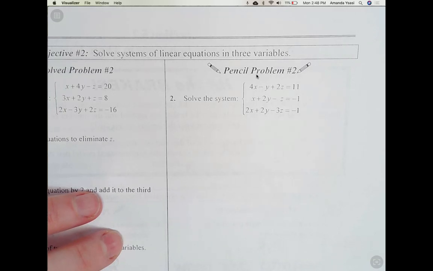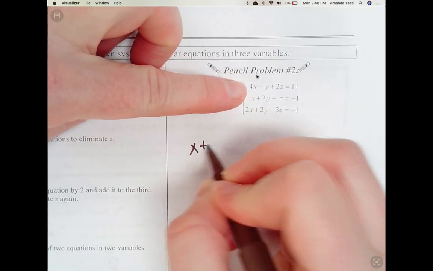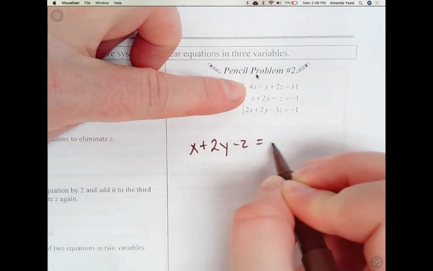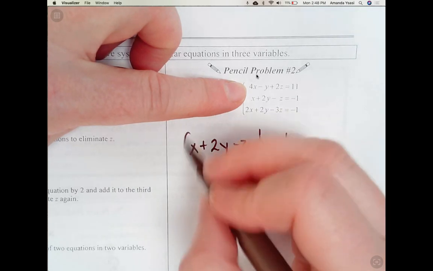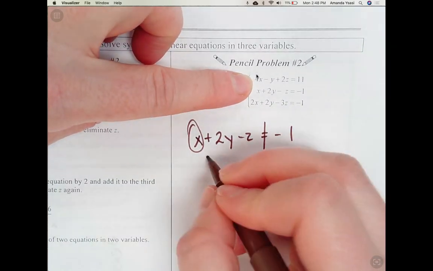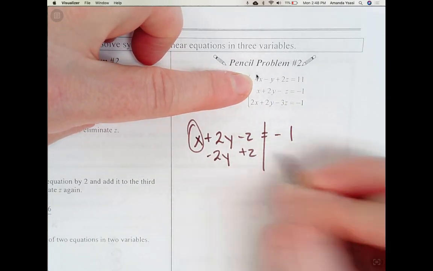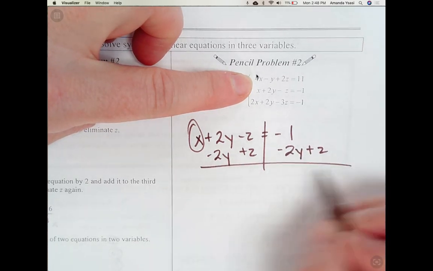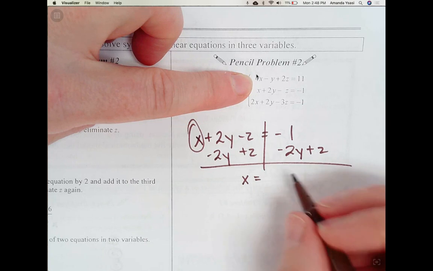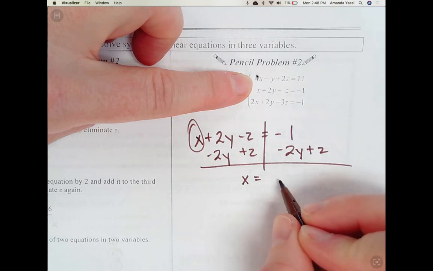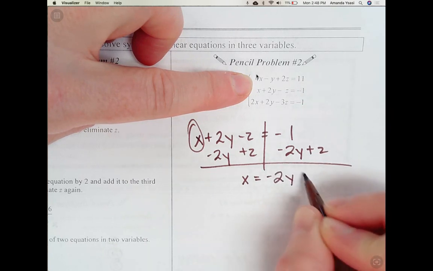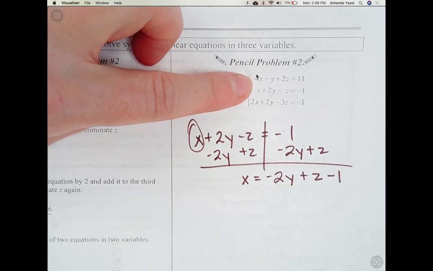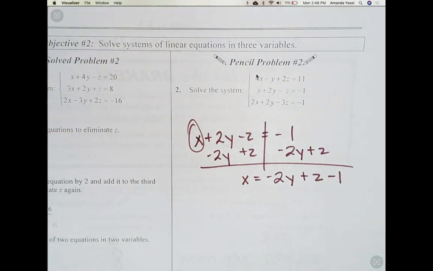Solve for x on which equation? The second one. Okay. So x plus 2y minus z equals -1. So we're going to solve for x: minus 2y plus z, minus 2y plus z. So this would be x equals -2y plus z minus 1. Okay.